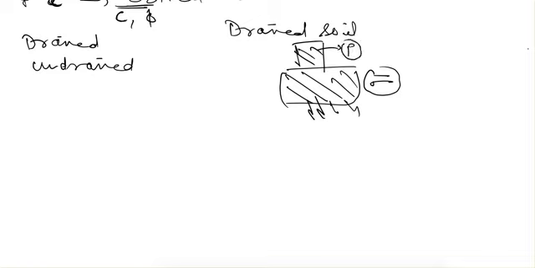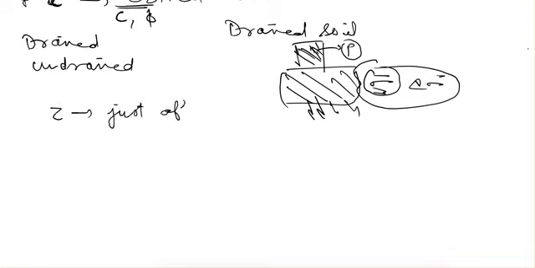If this building is applying some load P, then because of that the effective stress will increase by delta sigma. This increase will have happened just after the construction. So we can find out our shear strength just after construction, and that will give our critical condition.